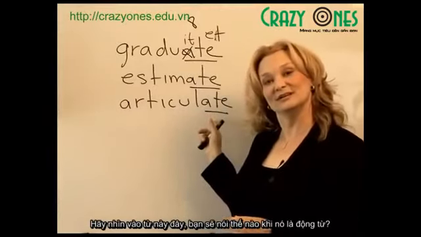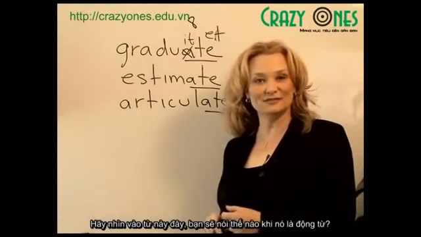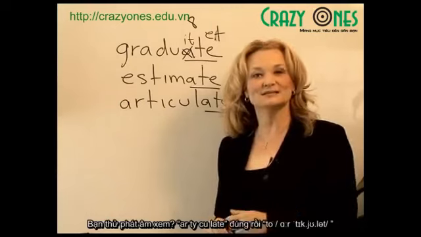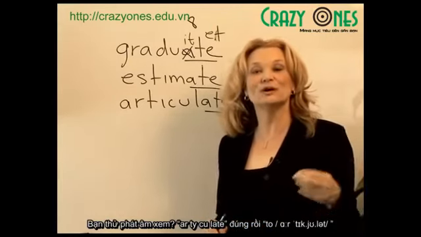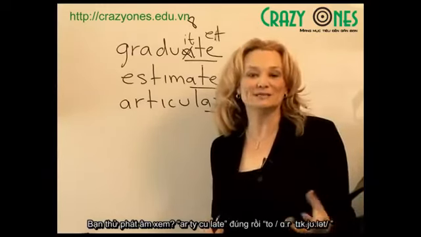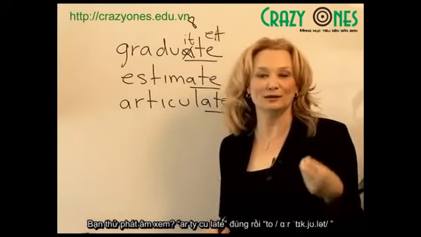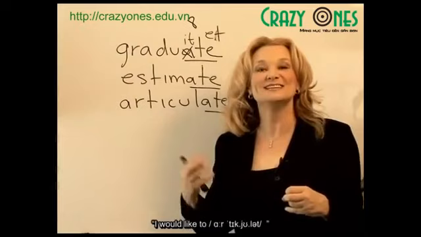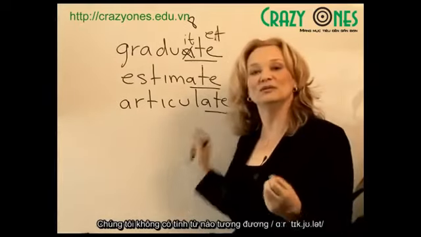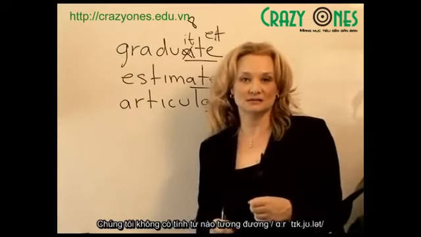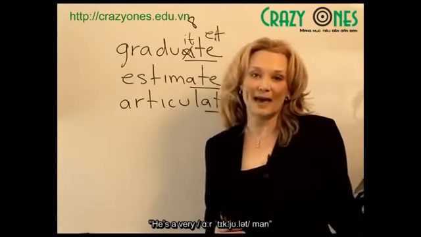Let's look at this word. How should we say it if it's a verb? You try it. Articulate, right? To articulate. To articulate means to say something really well and really clearly. I would like to articulate it. And we have an adjective equivalent. Articulate. He's a very articulate man.